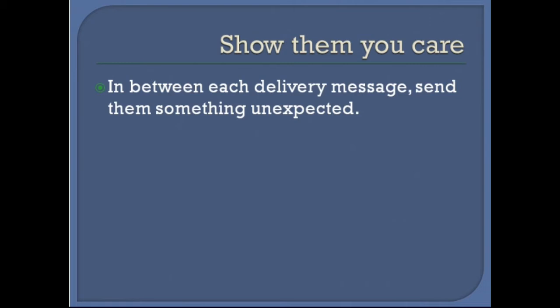Another way, and this is a cool tidbit to show them that you care, is in between each delivery message to send them something that is unexpected. So let's say, for example, that you're sending something every single week. So if I do 1 week, 2 weeks, 3 weeks, and 4 weeks, what I mean by this is to send a message.